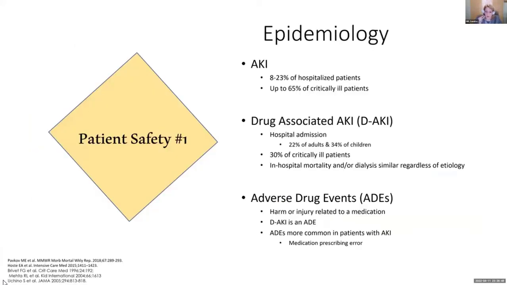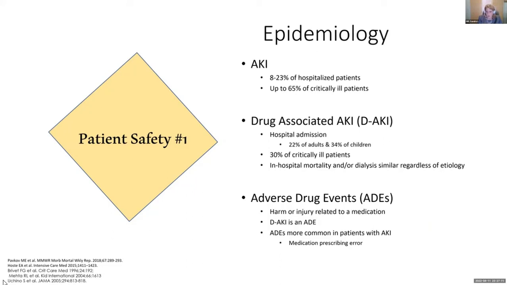So why do we want to talk about acute kidney injury? Acute kidney injury occurs in somewhere between 8 to 23% of hospitalized patients. But that number goes way, way up when we're talking about patients who are in the ICU. I think as high as 65% of patients could develop acute kidney injury.